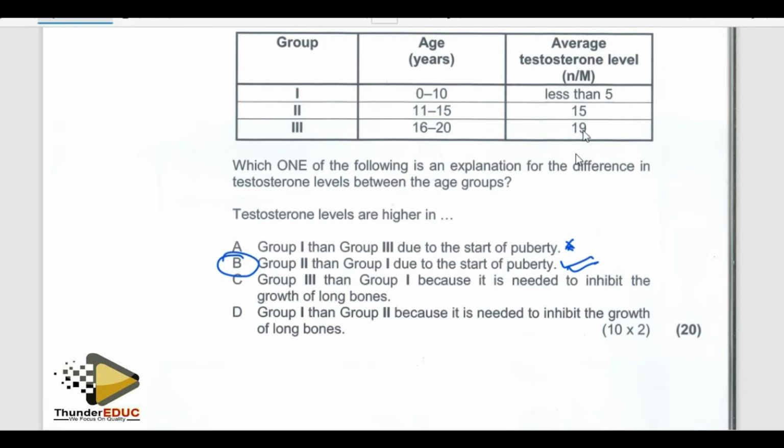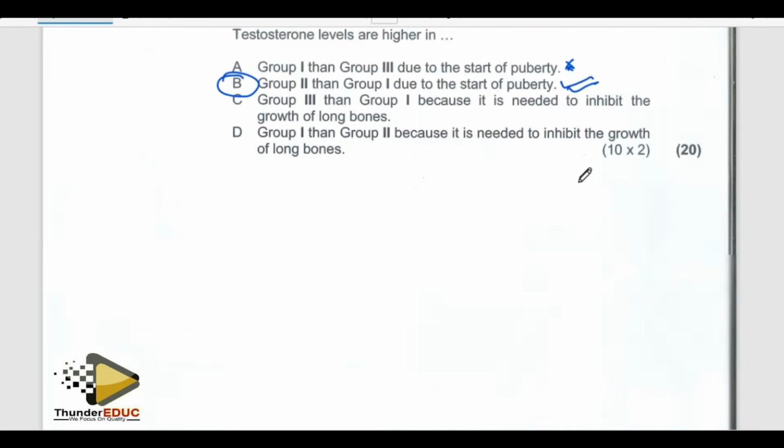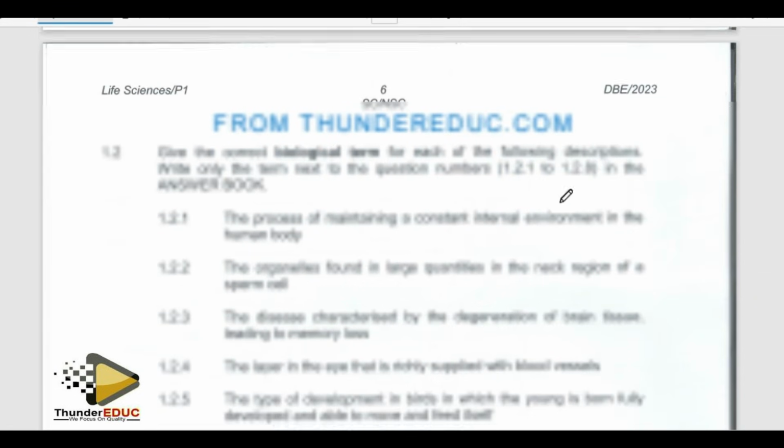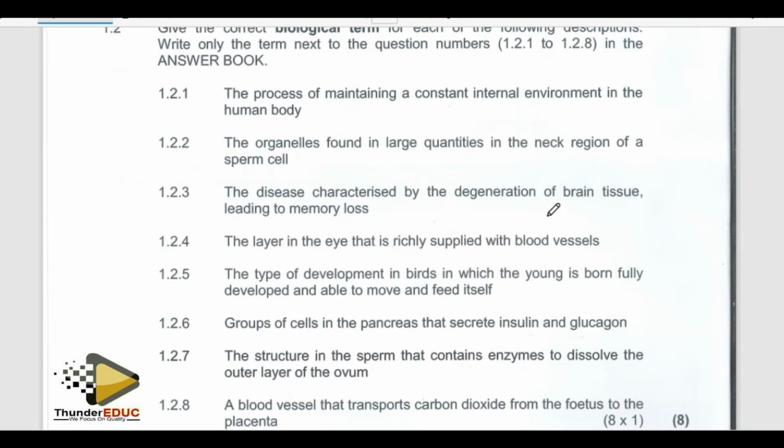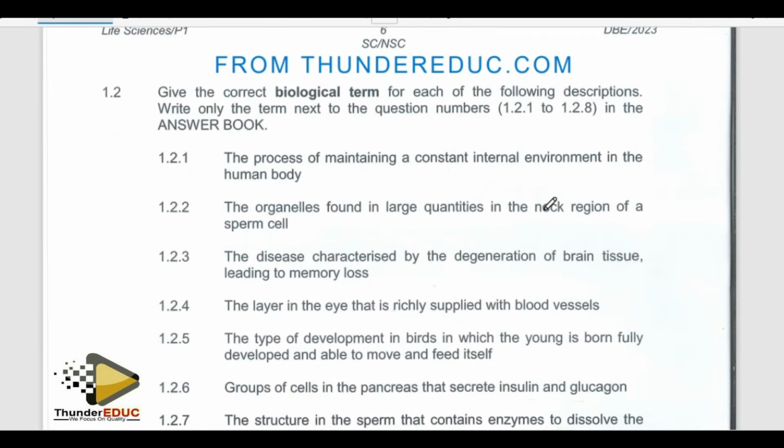Why? Because group 2 is more than group 1 because group 2 has just entered the puberty stage. Therefore, the sperms are supposed to be produced in large amounts. Then let's go to the second question, whereby everyone must get all these questions right.